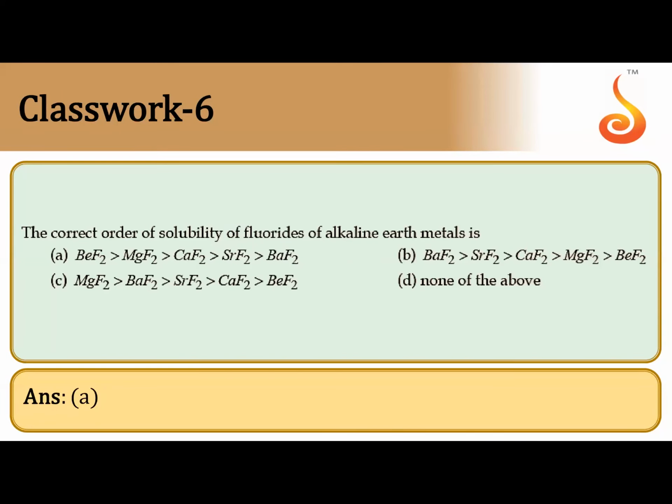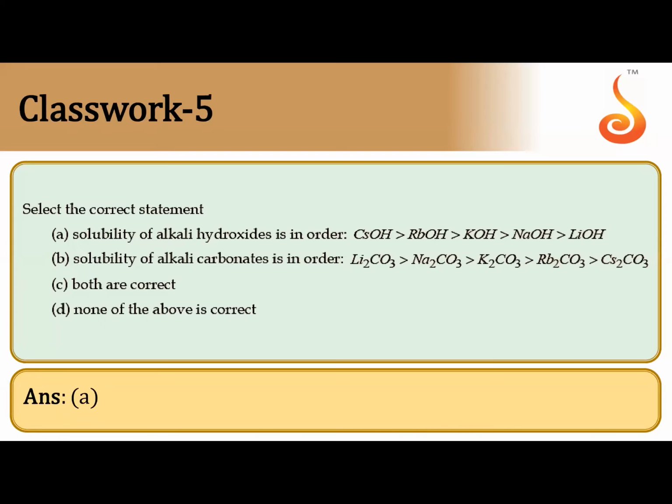Lakshmi, you want me to repeat why option B is wrong in the previous slide? See, lithium carbonate is not so stable because carbonate is a bigger ion, right? Carbonate is a bigger ion. It can be stable only with cesium. Cesium carbonate is highly stable.